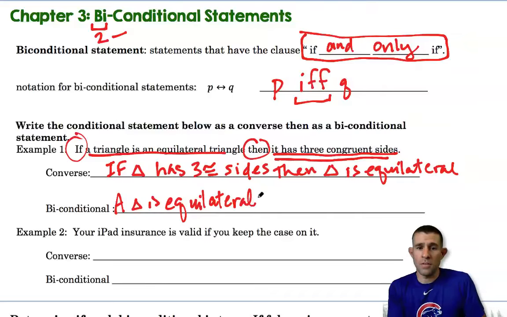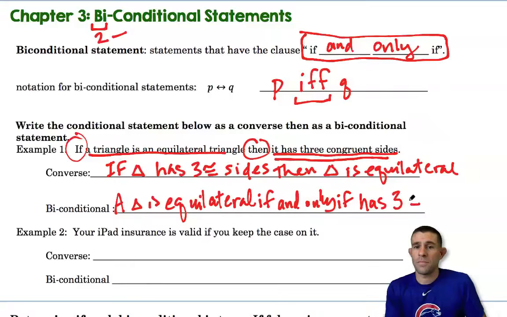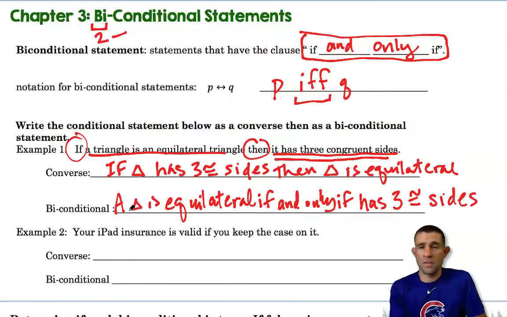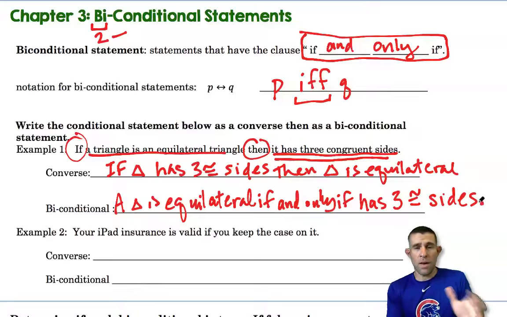Now I'm going to insert my if and only if. And now I'm going to insert my Q statement. All right, so now here is my biconditional. A triangle is equilateral if and only if it has three congruent sides. Now you should always make your sentences grammatically correct so that they're understandable.